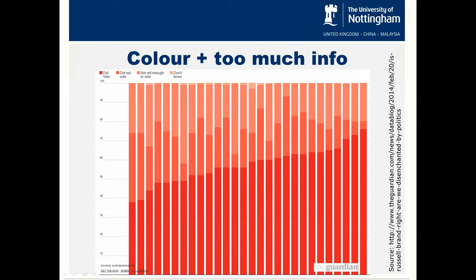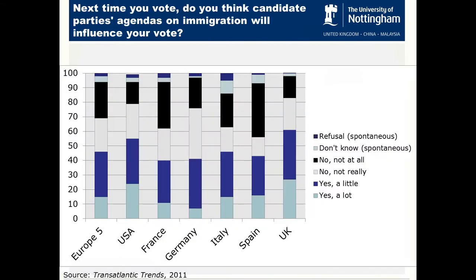Now, stacked bar charts are kind of like pie charts in that every bar contains the proportion. So you can do a stacked bar chart where it adds up to 100. It can be easier to convey different categories and relative values. For example, this survey question comes from the Transatlantic Trends database.